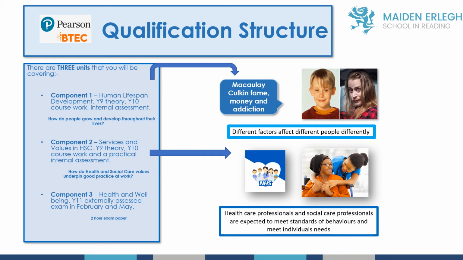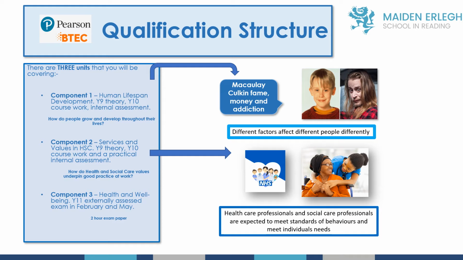The examples on this page give you a little taster of what could be considered in your component 1. In year 10, when you do an assignment, it's to do with a celebrity, and as you can see, I've chosen a film young star actor who, through fame, money and addiction, has been affected by these factors as a person and individual.